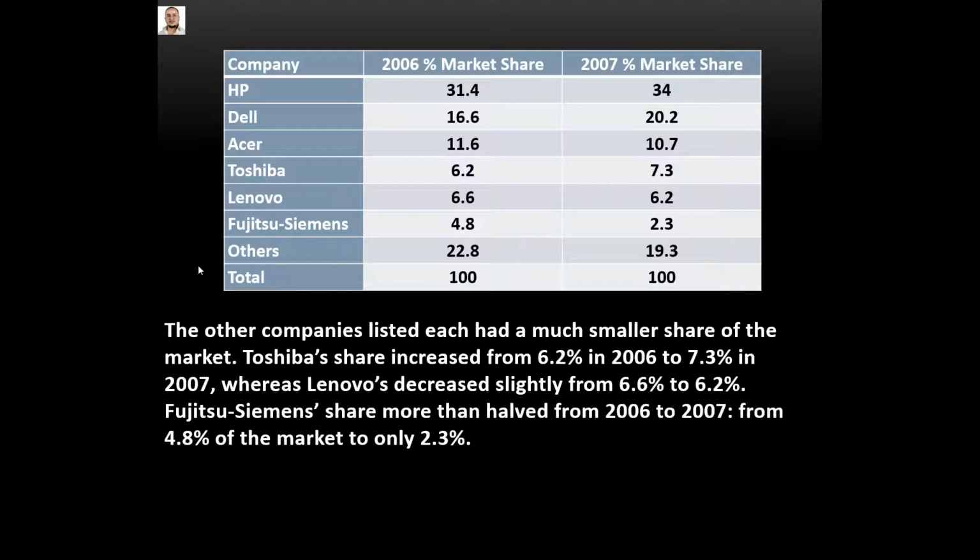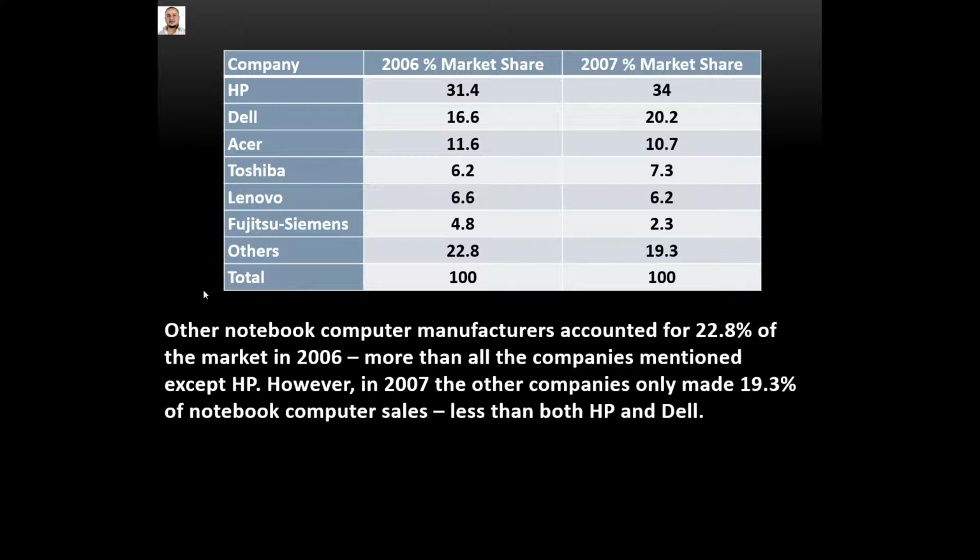Fujitsu Siemens share more than halved from 2006 to 2007, from 4.8% of the market to only 2.3%. Now we come to the last step.